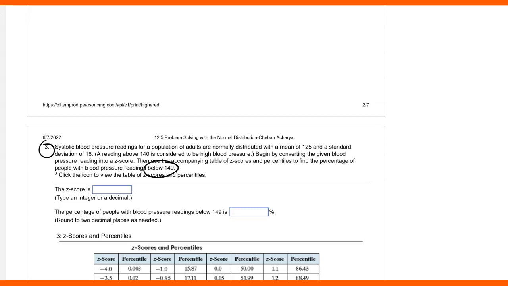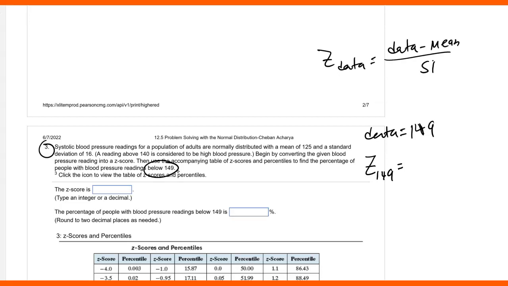First, you have to convert 149 to the z-score. Remember that we have the formula: z-score of data equals data minus mean divided by standard deviation.